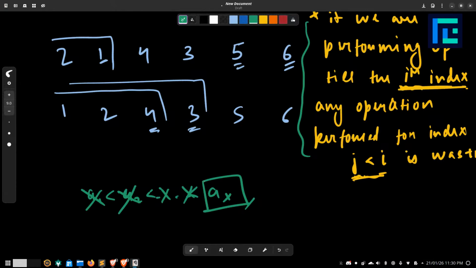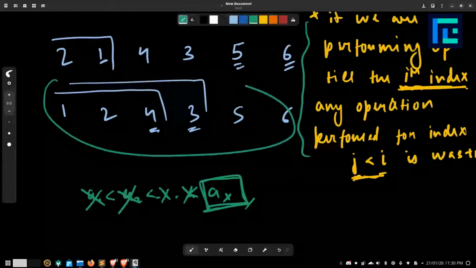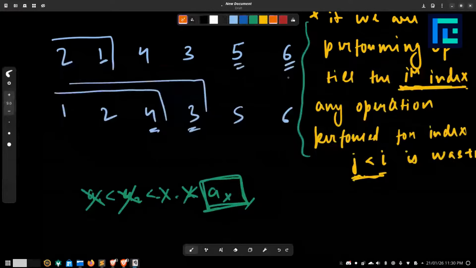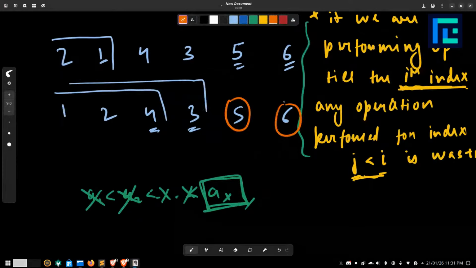And actually, if on the xth index the value is not set to its correct position, then we will have to perform the operation on the xth index. We can notice in this test case that 6 and 5 were at their correct position, so we need not include them in any operation.